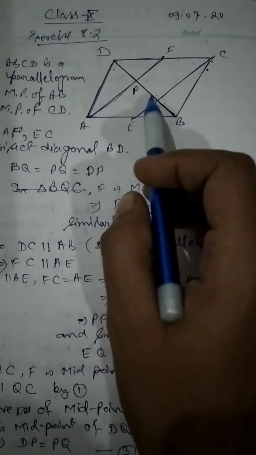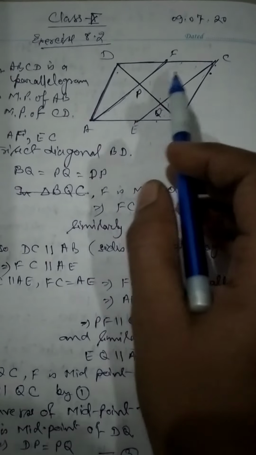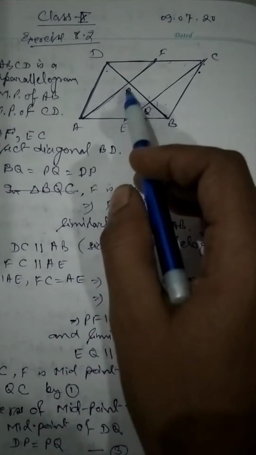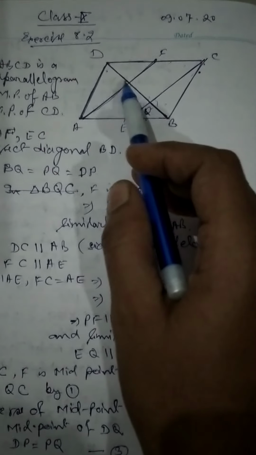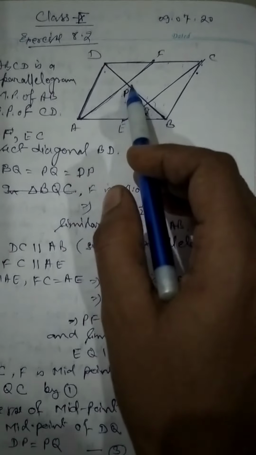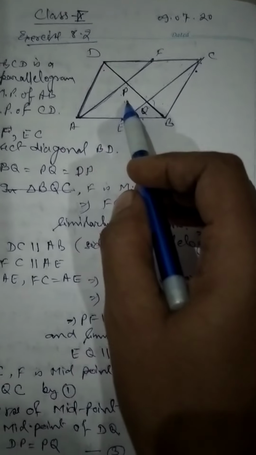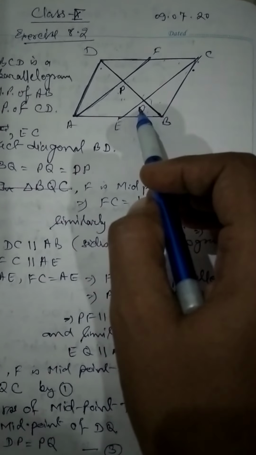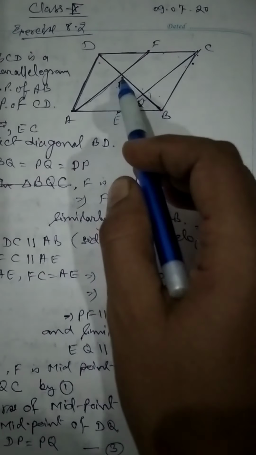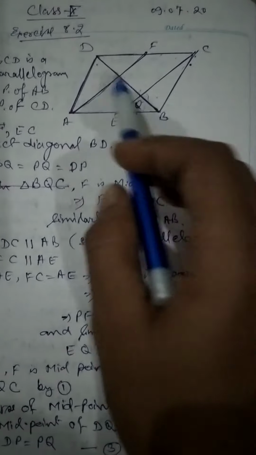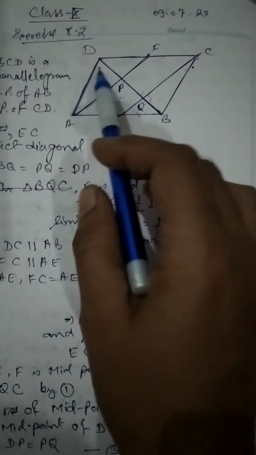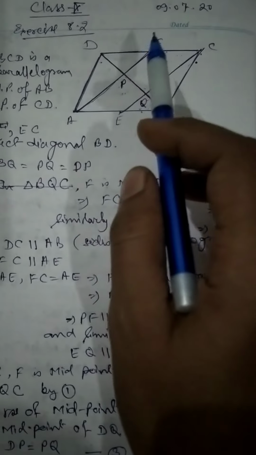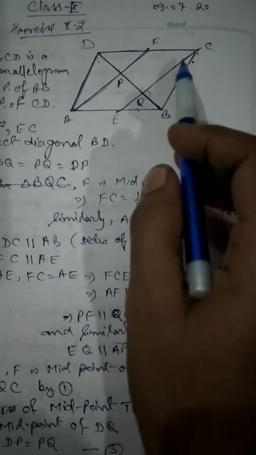That's why the conditions of the converse of the midpoint theorem are satisfied. So the result follows that P, the point where the line cuts DQ, is the midpoint of DQ. If P is the midpoint of DQ, it means DP is equal to PQ.